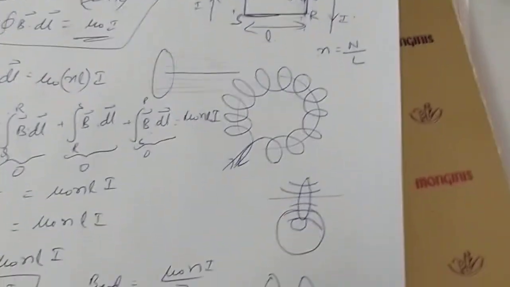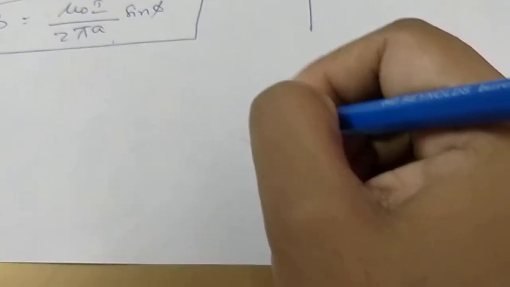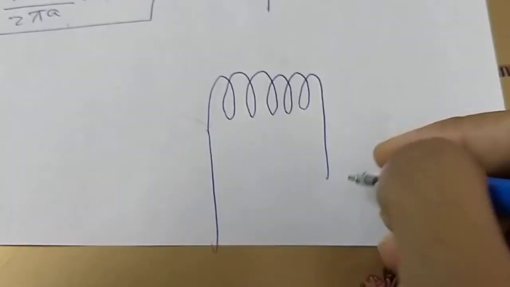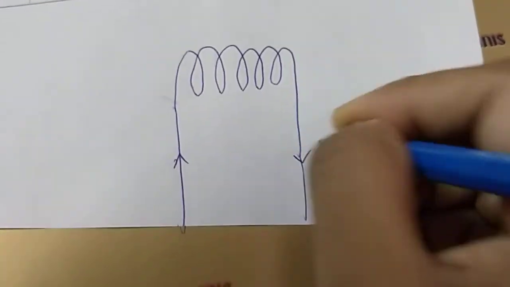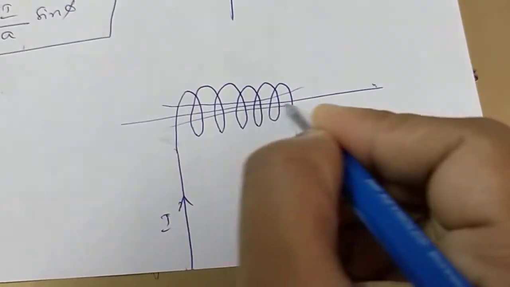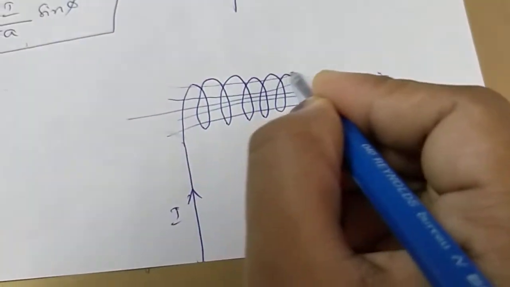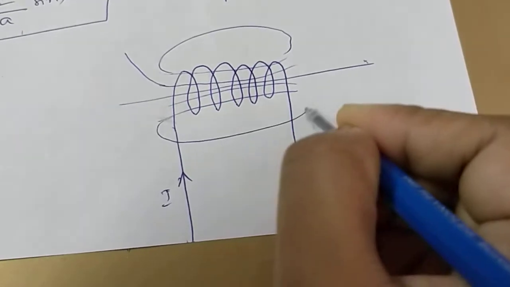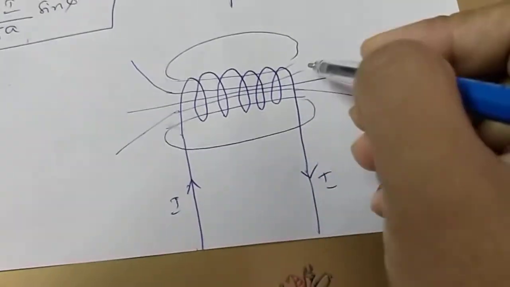If you have to draw the magnetic field pattern of a solenoid, it is similar to that of a bar magnet. So one side will act as a north pole, another side as a south pole. Inside it will be straight, almost parallel, and then it is like a bar magnet.